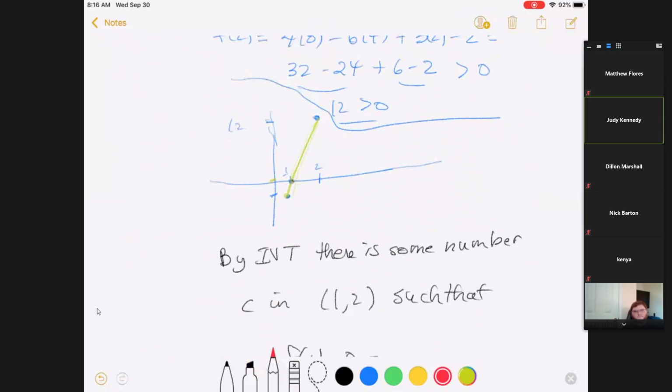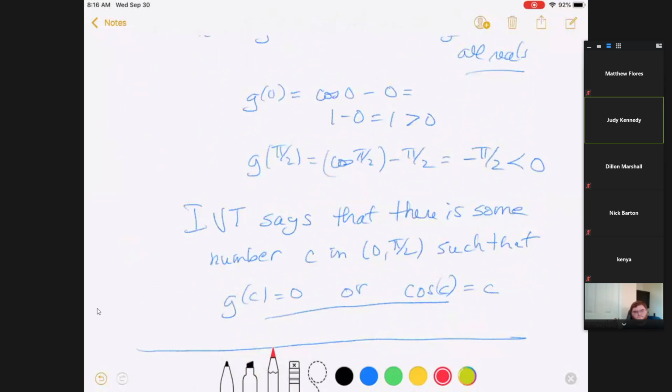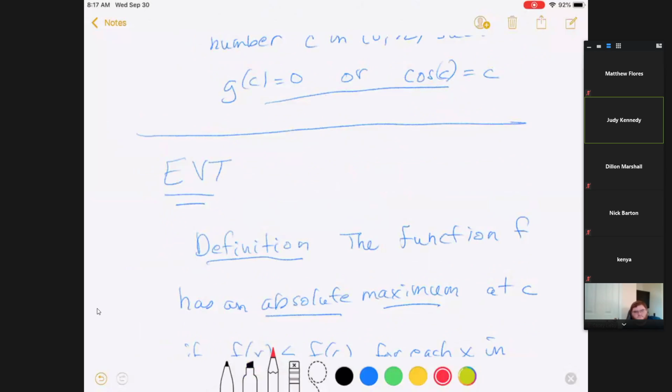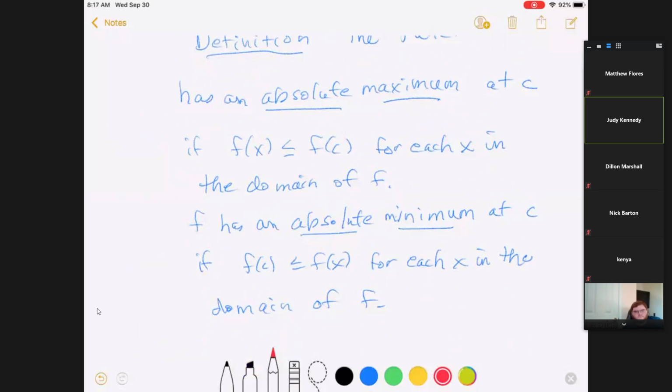And there's another term that we're going to be interested in, local minimum and local maximum, or sometimes called relative minimum and maximum. I don't really need to get into that today.